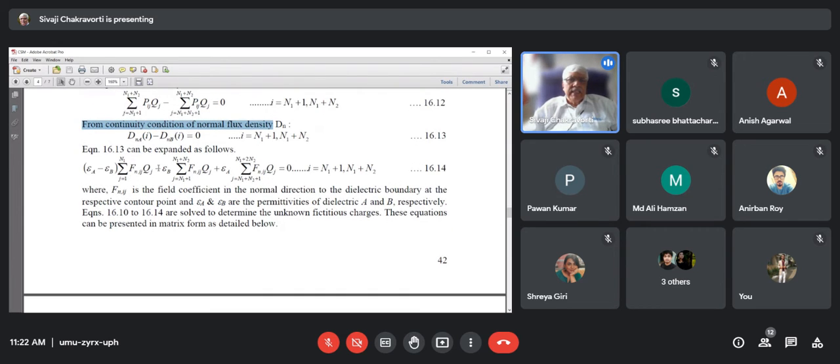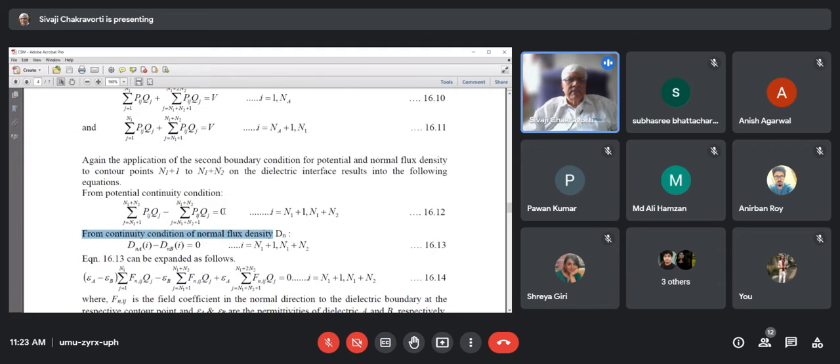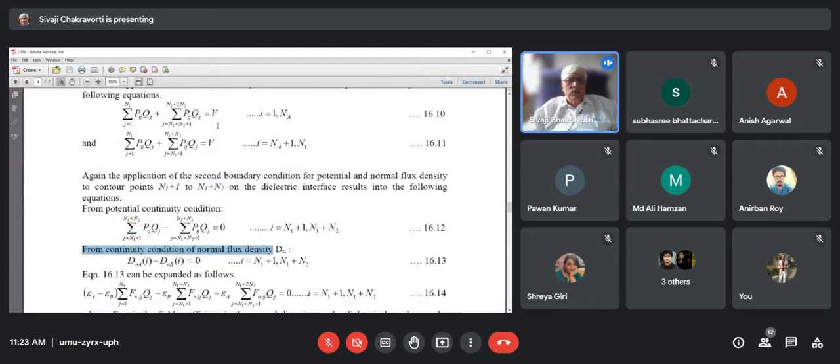How do I get dNA and dNB? It's very simple. We don't take Pij here; we take the field intensity component, that is the first order derivative of the potential coefficient, and then multiply it by epsilon to get the D. So, take the left-hand side of 16.10, take the first order derivative and multiply it by epsilon A, and you will get dNA.